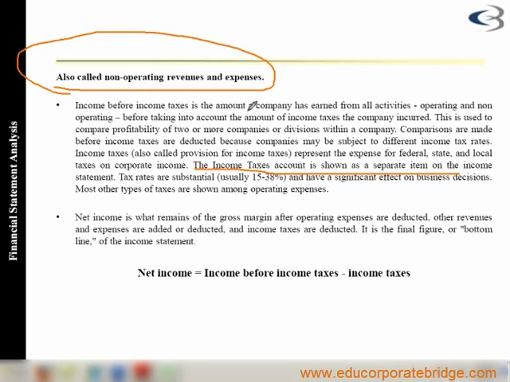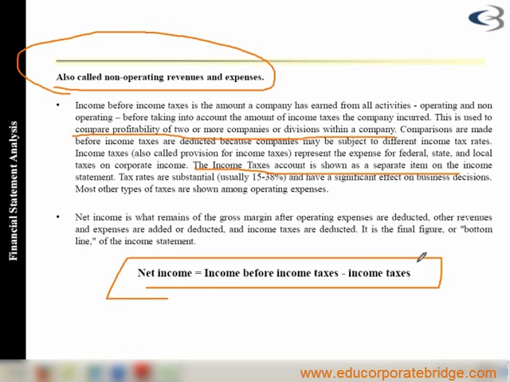So income before tax is the amount a company has earned from all activities, operating and non-operating. This is used to compare profitability of two or more companies or divisions within a company. So net income is effectively income before income tax minus income taxes. Net income is known as the bottom line as well.